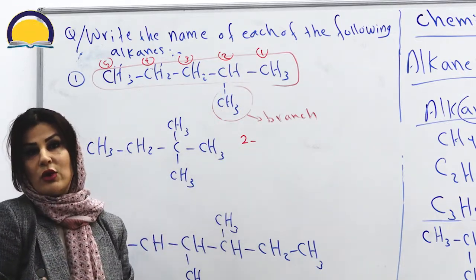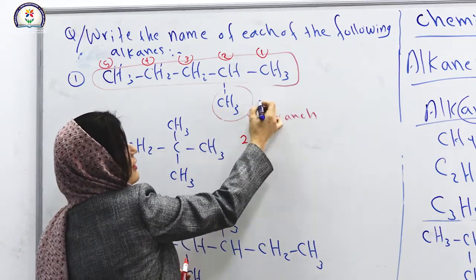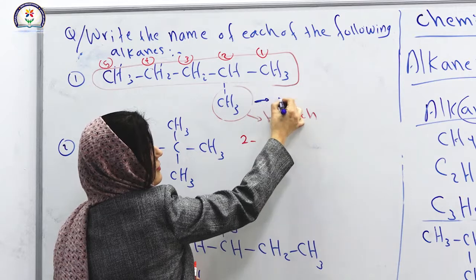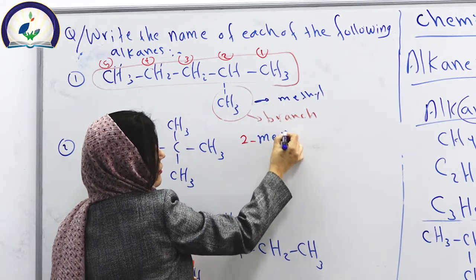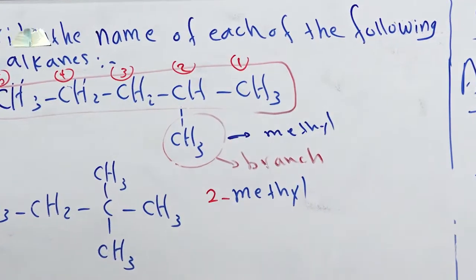What do we have at the 2? Which kind of branch? We have methyl, CH3. At the 2, we have methyl.